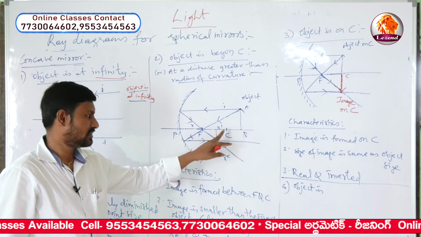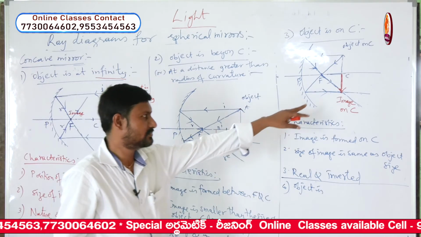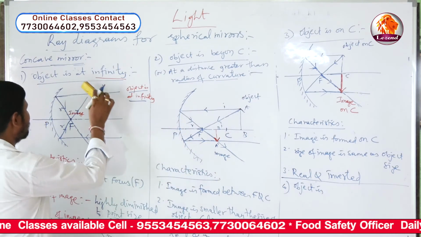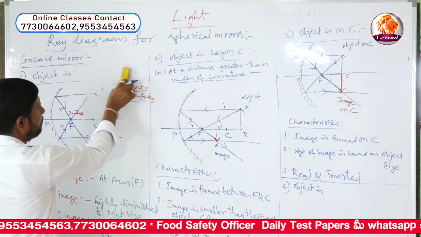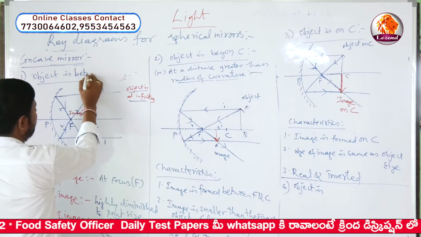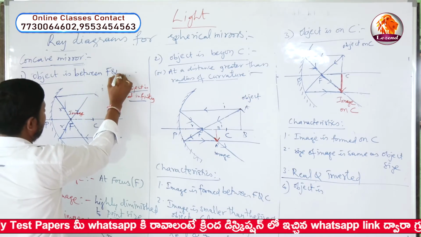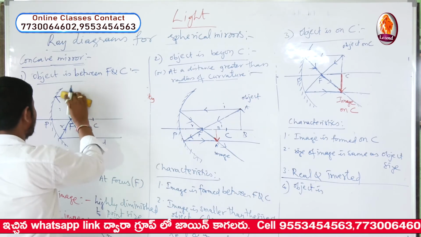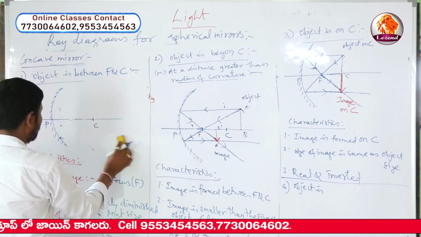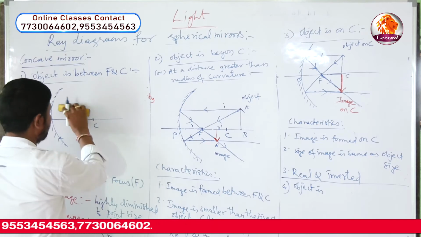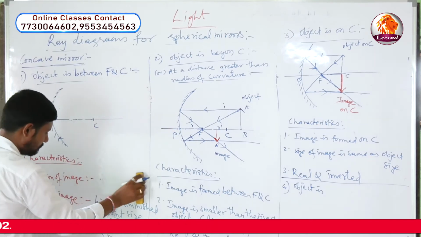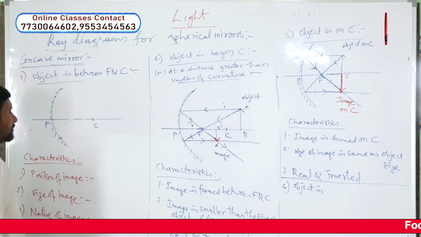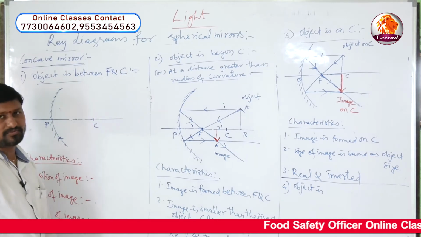When the object is beyond C, image is formed between F and C. And when the object is on C, image will be formed on C. And the next one, let us see, when the object is between F and C. Look here, the object is placed between F and C now.